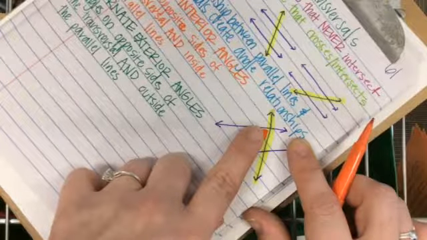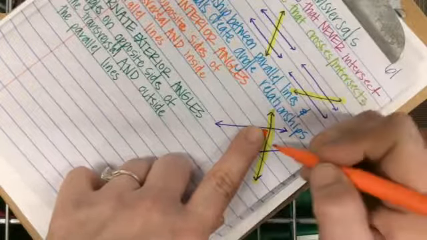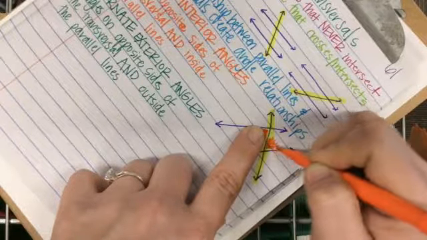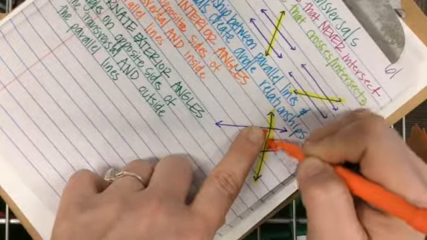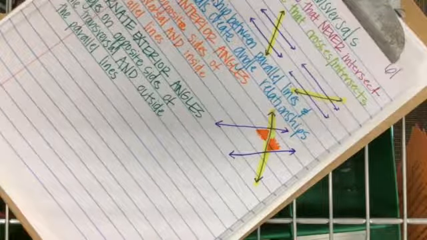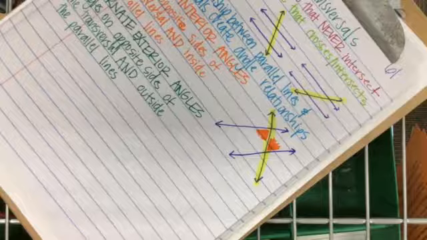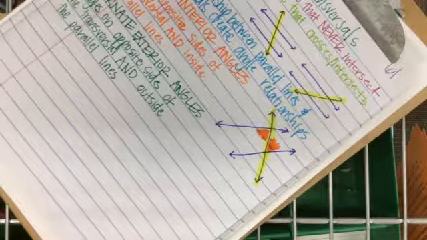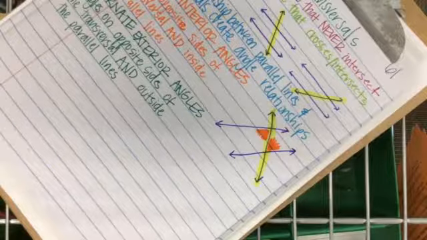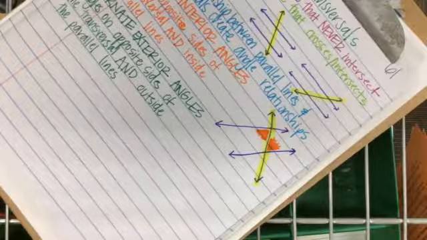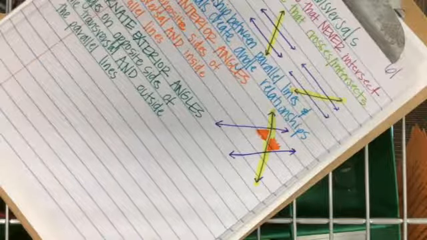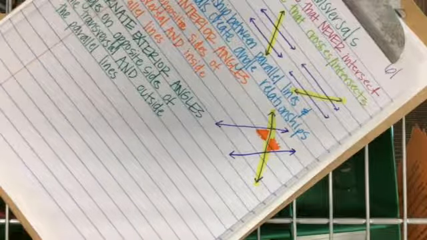So this side and this one are alternate interior angles. What kind of angles are both of them? Right angles. They are right angles? No. Is there a box in the corner? No. They're both what kind of angles? Acute.